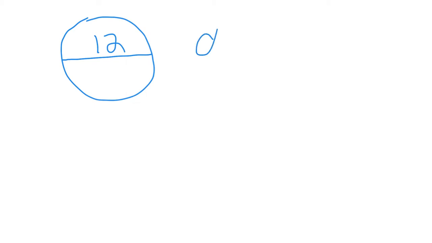I have told you that the diameter is equal to 12. How would you find the radius, Sam? Divide the diameter by 2 and it would give you 6. This is examples. You can write it down if you need it.